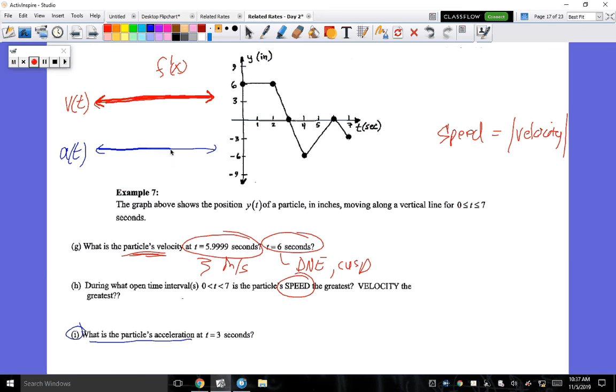Okay. So looking at this graph, I want to know basically when f prime is 0 or does not exist. You with me?